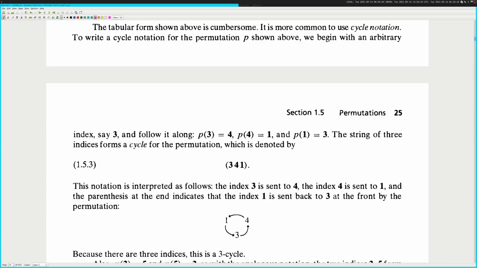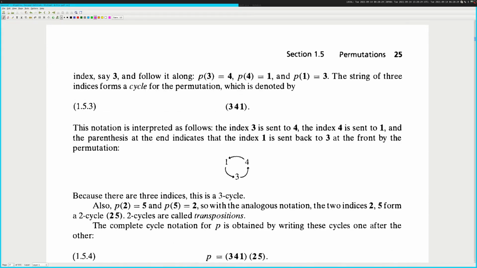This notation is interpreted as follows. The index 3 is sent to 4, the index 4 is sent to 1, and the parenthesis at the end indicates that the index 1 is sent back to 3 at the front by the permutation. Because there are 3 indices, this is a 3 cycle.